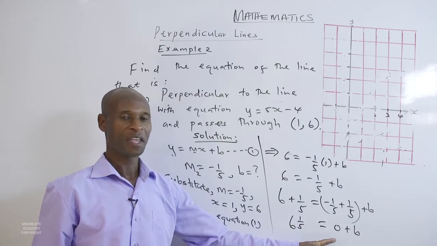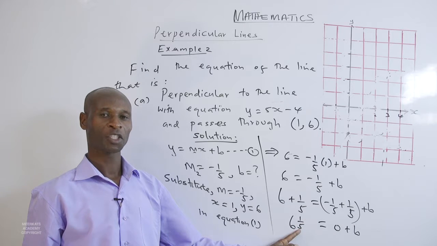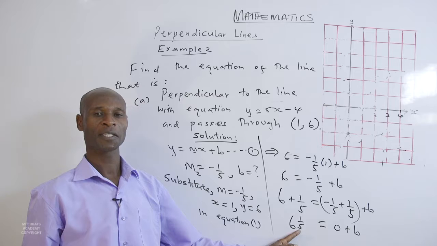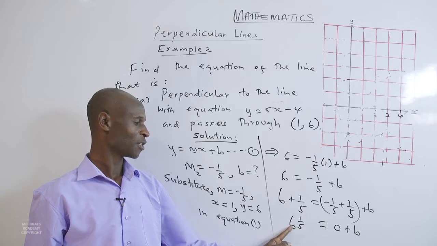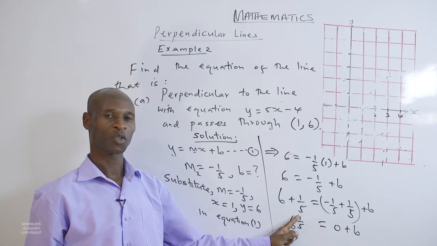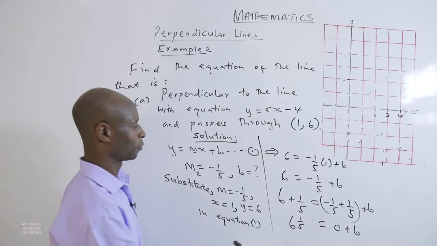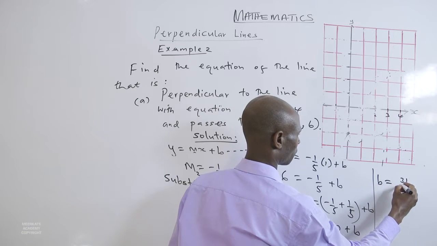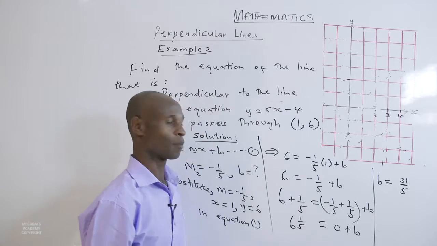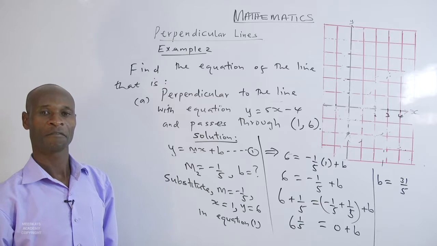So the value of b is 6 1 over 5 as a mixed fraction, but we can express it as an improper fraction. 5 times 6 is 30, plus 1 is 31. So as an improper fraction, the value of b will be 31/5.